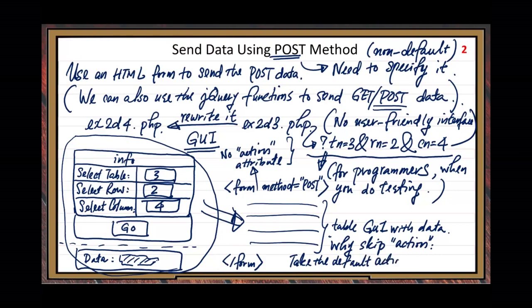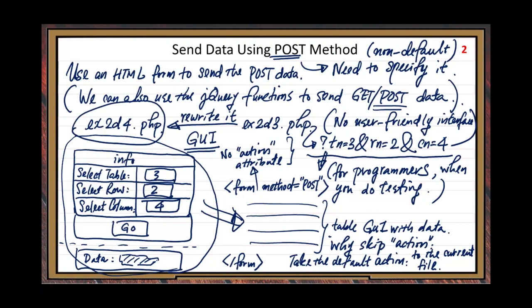So what's the default action? The default action is to send the data to the current file. What's the current file? What is the file name of our current file? This one, right?